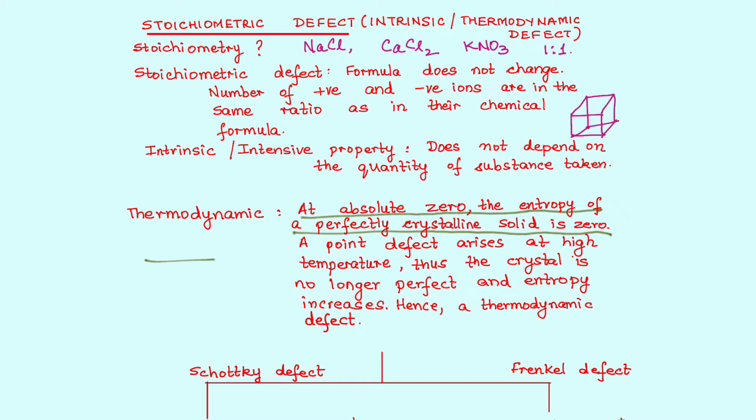Now, we know that a point defect arises at high temperature, meaning the entropy will increase and it will no longer remain a perfect crystal. Just like when we are angry, we are no longer our perfect self, right? So, a thermodynamic defect.